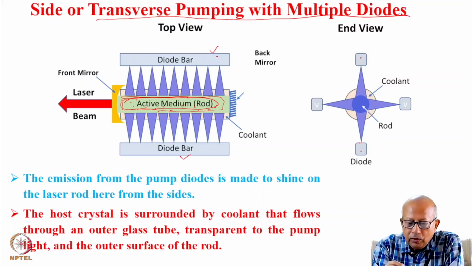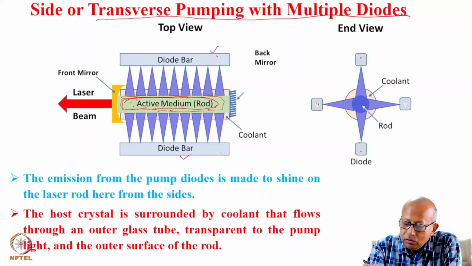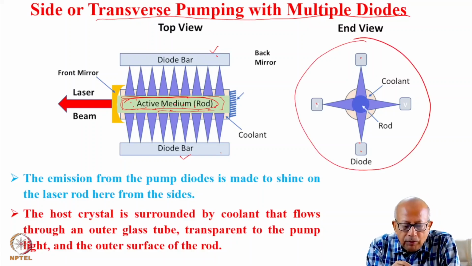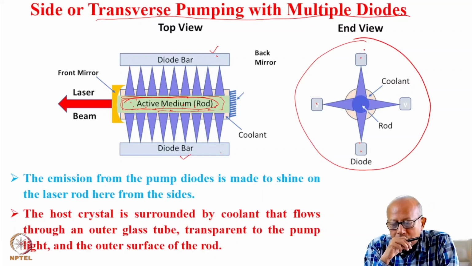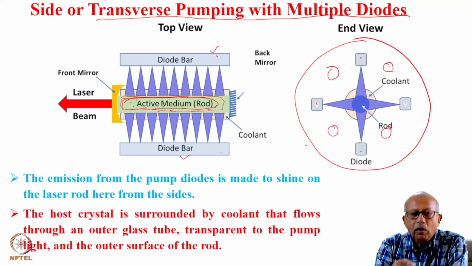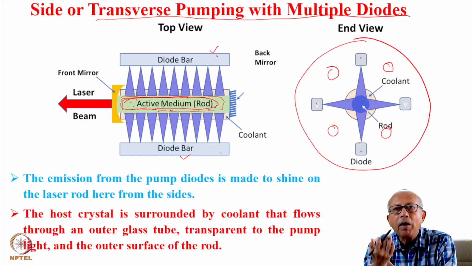These two are near, and these two are actually in the front and behind. So here you can see that this is being pumped by four diode bars, and you can have more diode bars actually. For example, in this case you have 8 of them all around to increase the pump energy.